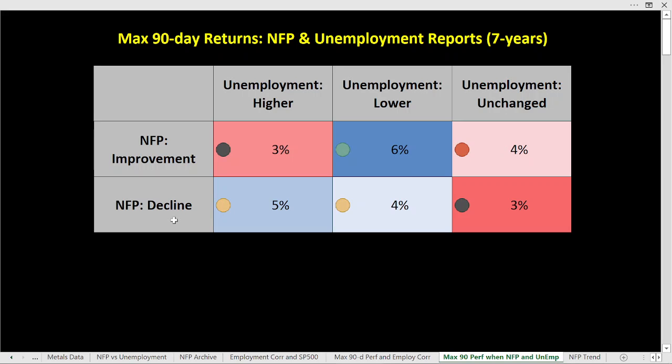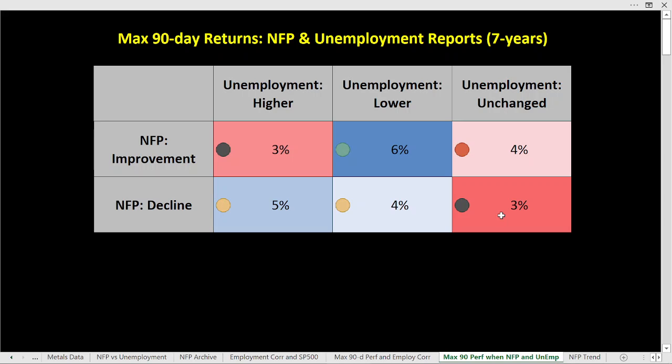When the non-farm payroll declines, like we saw this past report, and at the same time the unemployment rate also goes lower, that's a 4% return on your money. When the non-farm payroll goes down and the unemployment goes up, that's around 5%, and a 3% return for a declining non-farm payroll and an unemployment that remains unchanged.